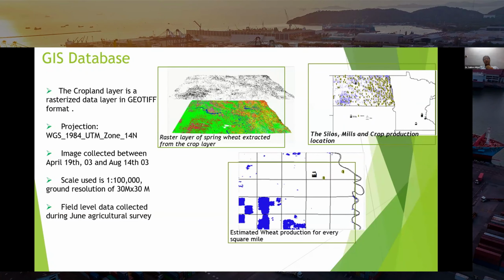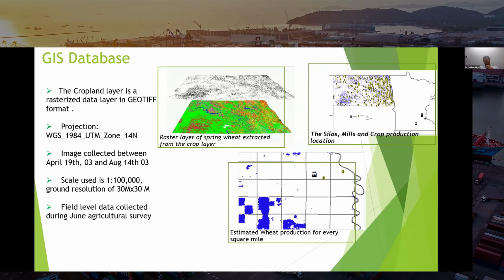We overlaid this individual crop layer with a grid, a 1 mile by 1 mile grid, and estimated the crop production area, which gave an understanding of how much crop is grown in each of these grids. We also have information on the silos or elevators, which are the storage locations.